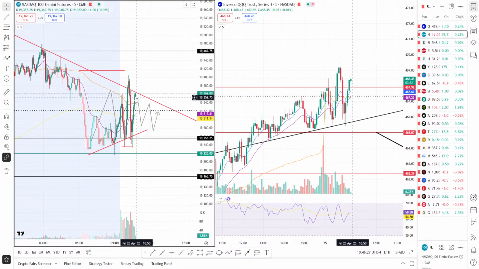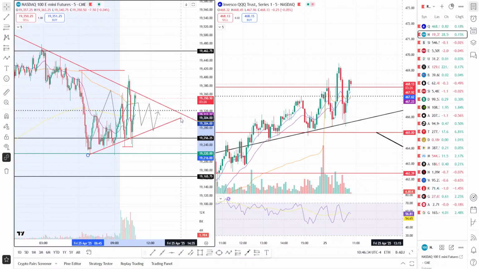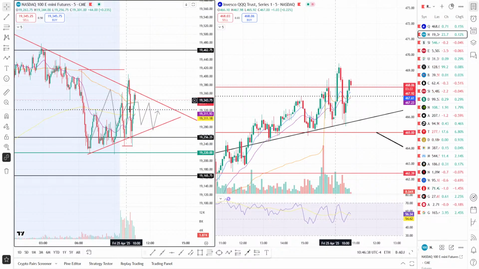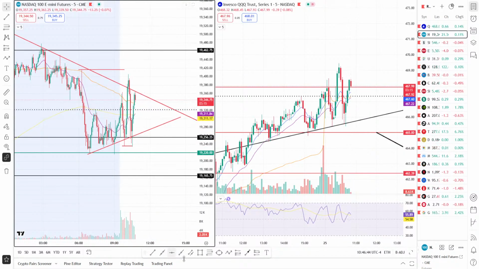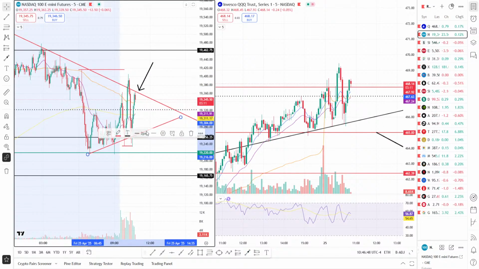So just learn to pick your trades. I'm trying to pick the best ones that I can see. Right now, we don't have a clear trend. But if I was to scalp this, I'd be looking to short up here and buy down here.